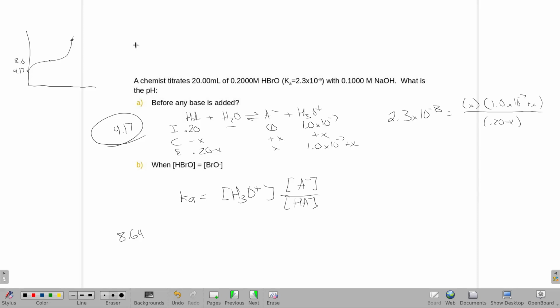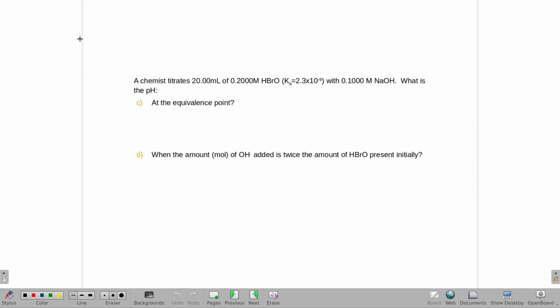All right, our next thing we need to do is calculate that upper point there, because that's the equivalence point. The equivalence point is when the moles of this equal the moles of that. Rather than figure out what those moles are yet, I want to talk about what controls the pH at that point. Because let's think about it, we have a weak acid and a strong base, if they've all been totally used up, there's neither one of these anymore.